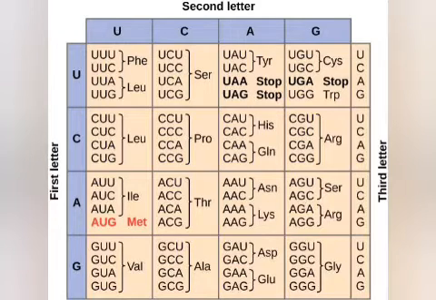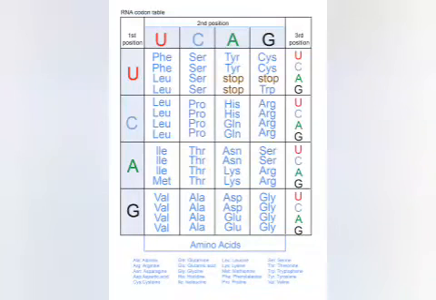This triplet can code for a specific amino acid, and this was also decided by the process of in vitro synthesis. Scientists have found out codons for all the 20 amino acids, and we can find these amino acids and their genetic codons in any reference book or textbook.